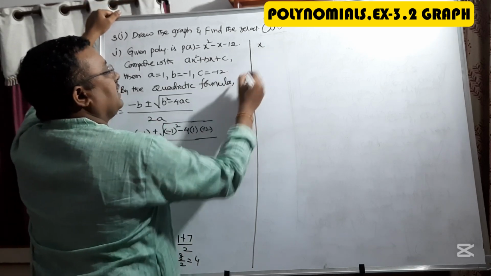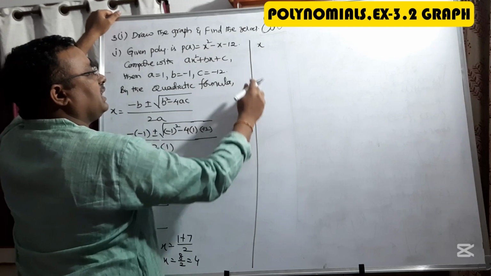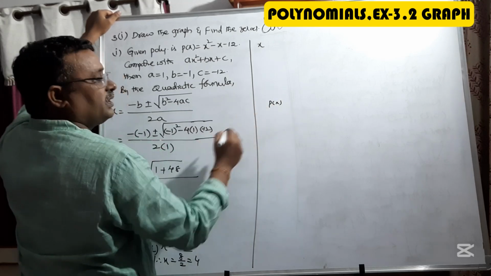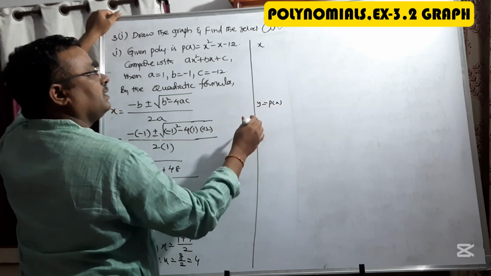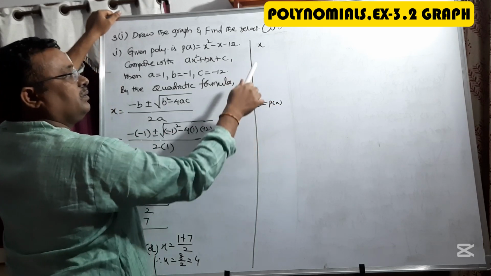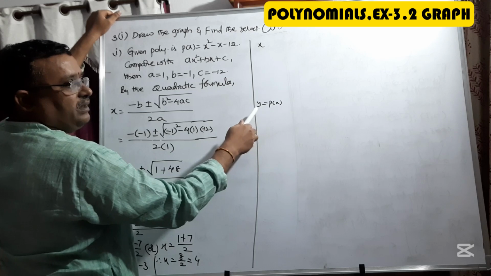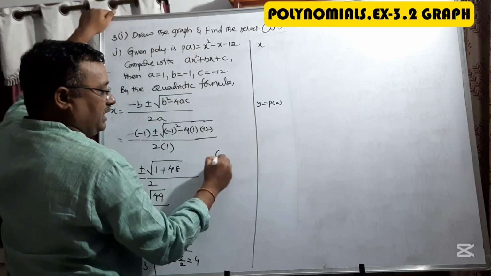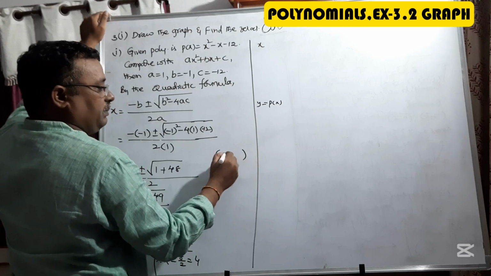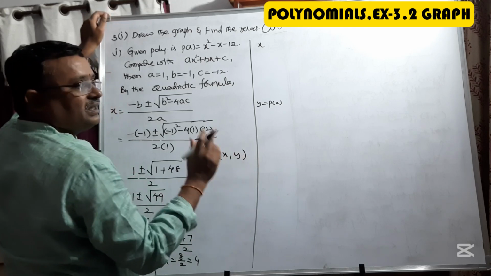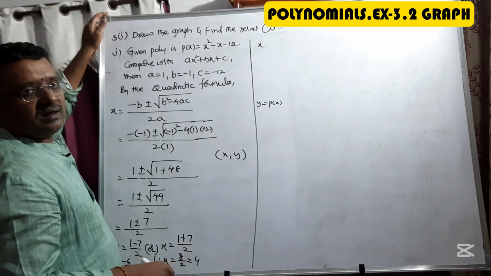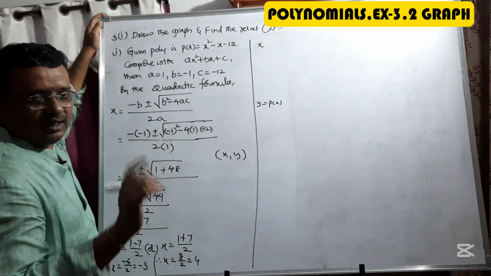Using the x values, we need to get p of x value, which is nothing but y. Using the variable value, we have to get the polynomial value. Variable value and polynomial value together as an ordered pair will become the ordered pair x comma y. That will become a point to plot on the Cartesian system. Understood, Nana? Right.